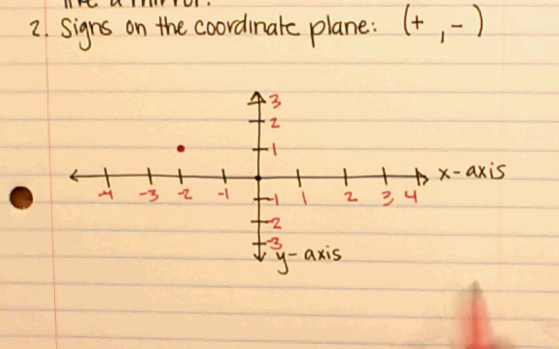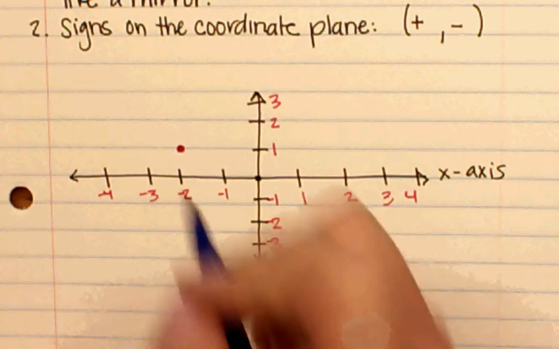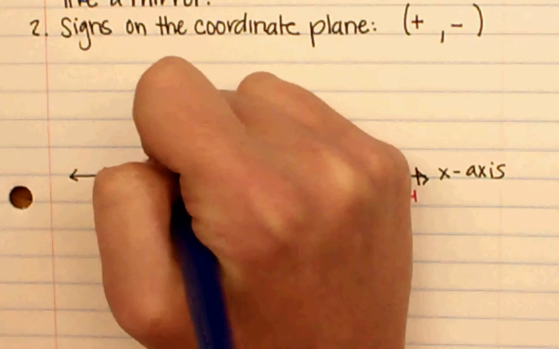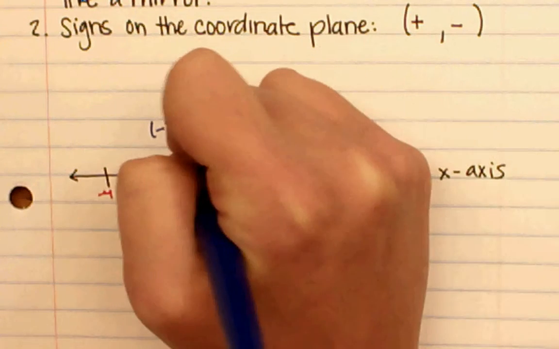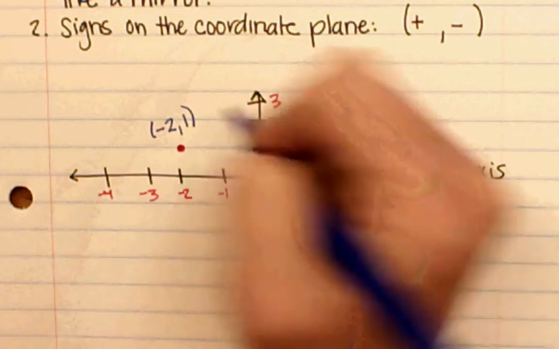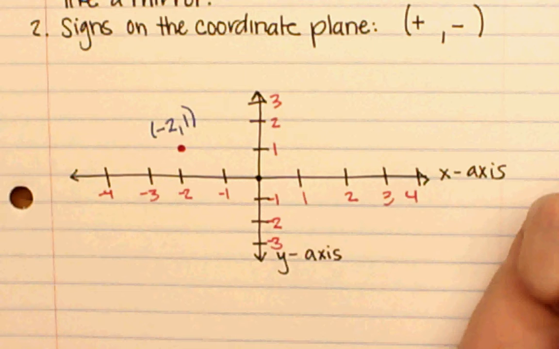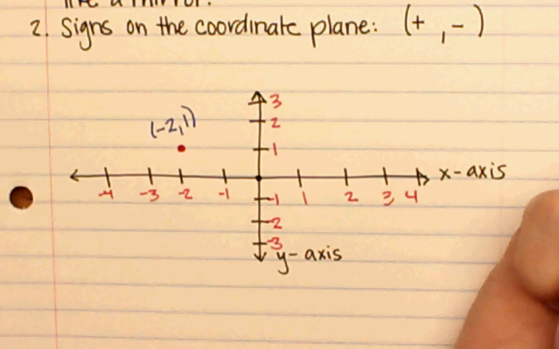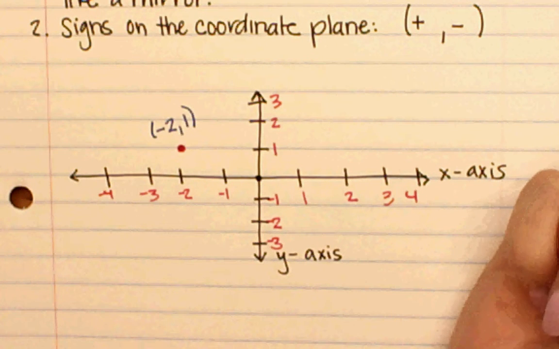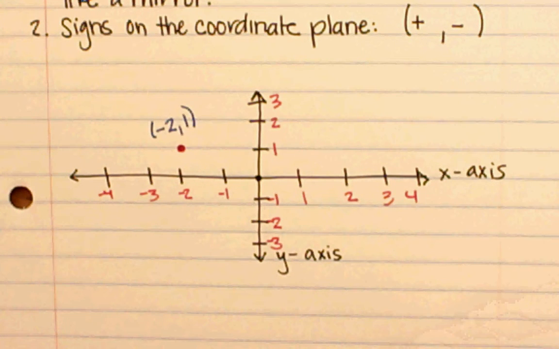Okay? And we have to find the reflection of that. So in this case, we're going to write the ordered pair above it. We have negative 2, positive 1. Okay.